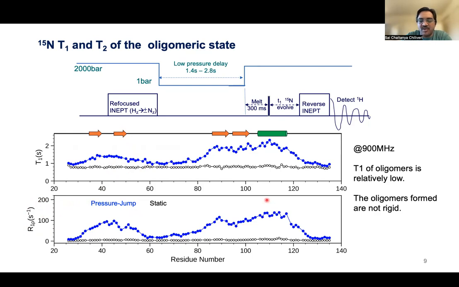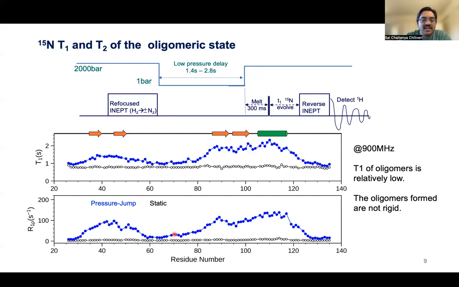We observe higher R2 rates for the secondary structural elements at the C-terminal and N-terminal regions, whereas the central part of the protein and also the extreme C-terminal tail have low R1 rho rates, suggesting that these 2 regions are extremely flexible.